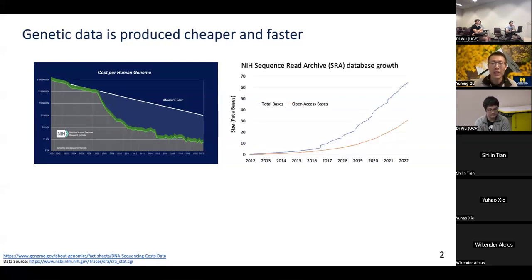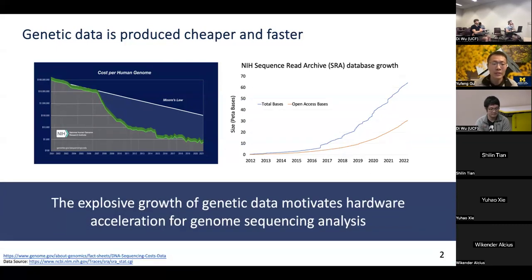Also, if we look at the sequencing database, we could see it has been increasing exponentially in the last 10 years. Therefore, this explosive growth of genetic data motivates the hardware acceleration for such genome sequencing analysis. And that's our target today.